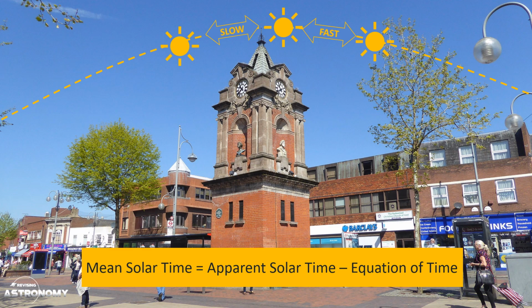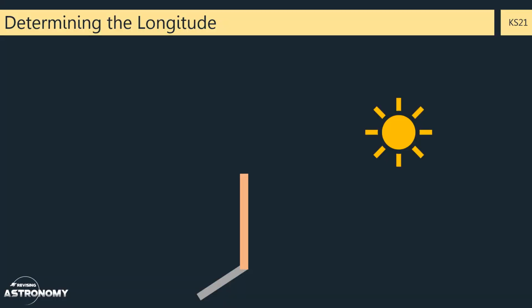And this is where the equation of time comes in. We can use it to correct for the fact that the sun may not be at its peak directly at noon. So if you were in a location, you could use a shadow stick to determine when local noon is. You can then correct it with the equation of time if the sun is a bit fast or slow, and this is how you do it.